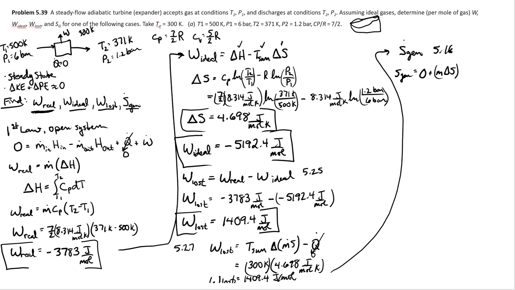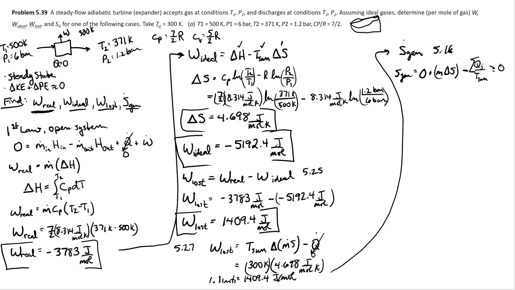We have our entropy generation from our entropy change for the surroundings. So that is minus the sum of Q dot j over T surroundings. Right, there's a summation. And of course that has to be greater than or equal to 0 to satisfy the second law.